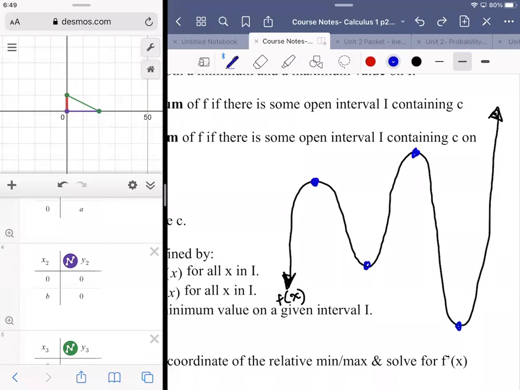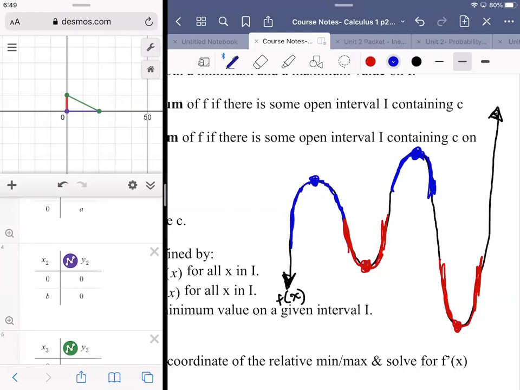Just on this little interval here, we have little peaks and valleys where there is what we call relative extrema, relative maximum and relative minimum values along those tiny intervals.